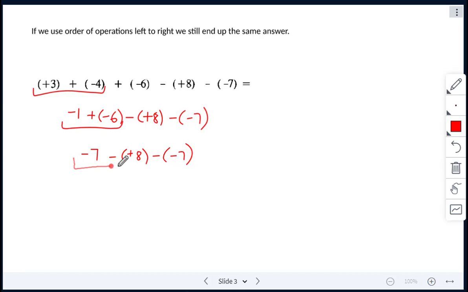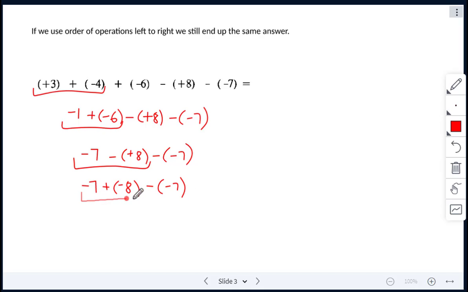And if we continued, negative 7 minus positive 8, we would just rewrite that as negative 7 plus negative 8, and then we'd still have the minus negative 7.